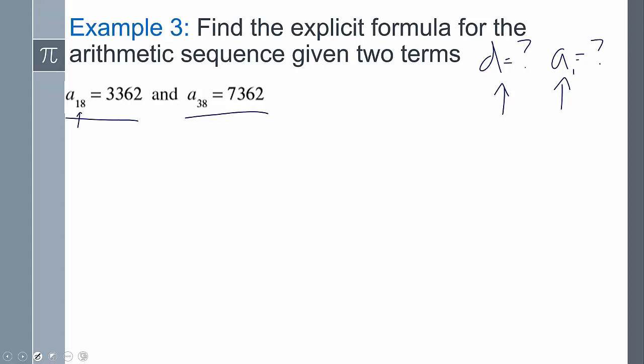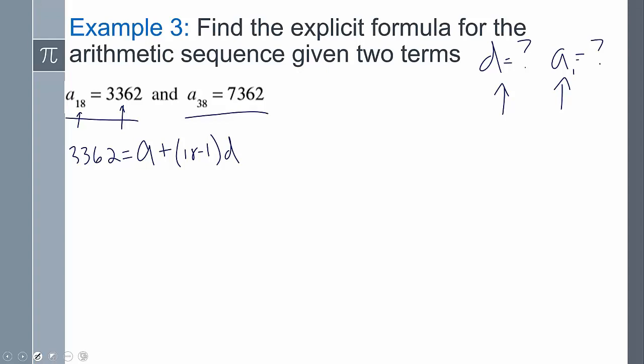So remember that right there is my n, and that's my a sub n. So I can write this out as 336 equals, I don't know what my first value is, so I'm just going to say a, that's our a sub 1, plus n minus 1 times my common difference, because I don't know what that is.